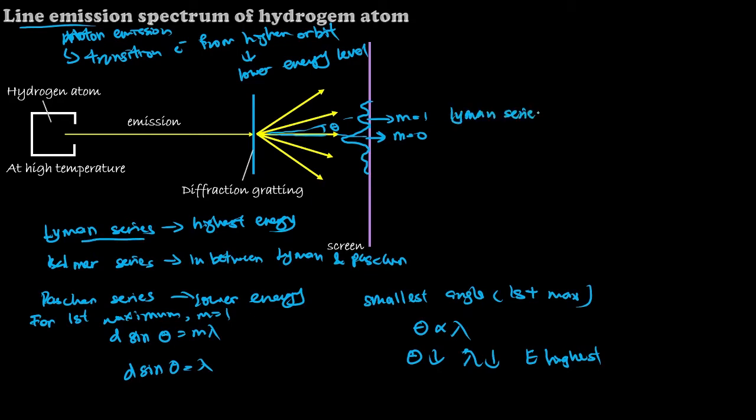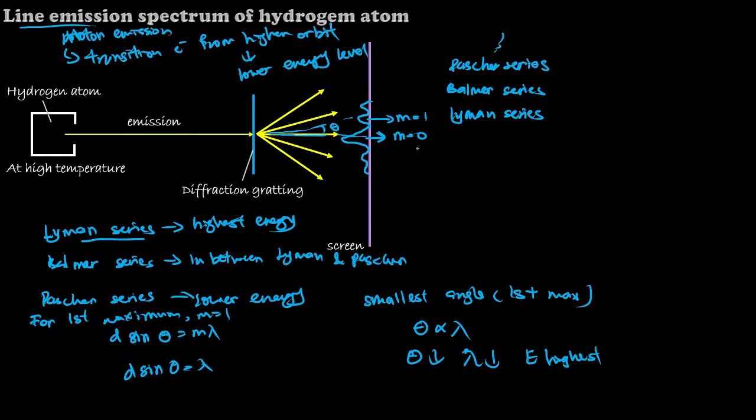It will produce the diffraction pattern starting from the central maximum, then the Lyman series, then continuing with the Balmer series, and the Paschen series, and so on.